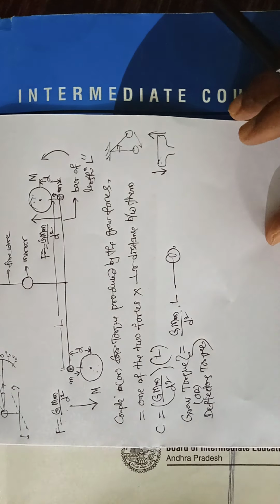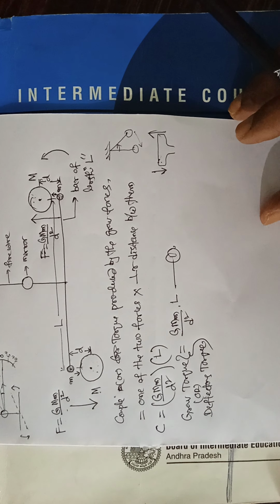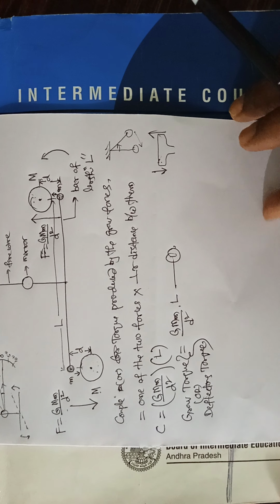When the wire is manufactured, the manufacturer mentions a value on it. What value does he mention? How much restoring torque is produced inside the wire for a unit angle of twist.